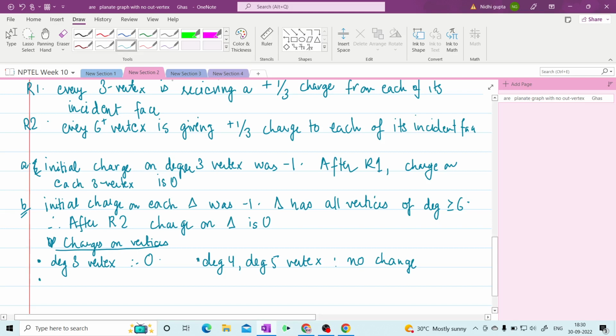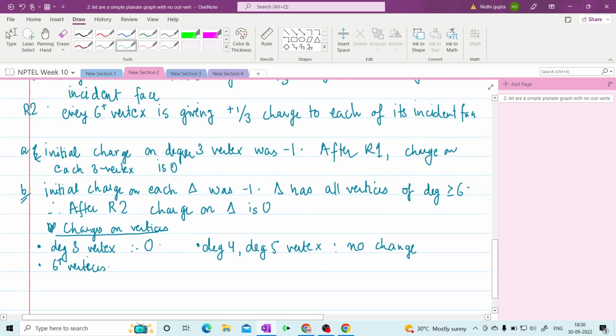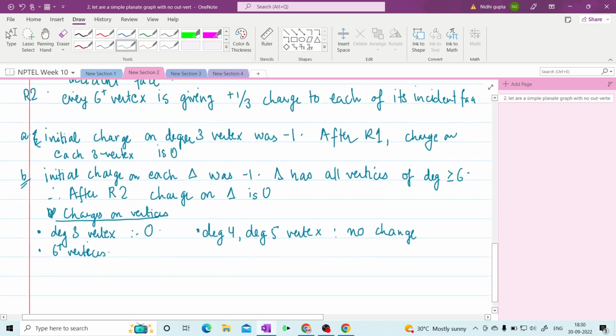And what about 6 plus vertices? Now 6 plus vertices are distributing charge to each of these faces. So earlier charge on 6 plus vertices was dV minus 4, and now it is distributing +1/3 charge to each of its faces. And how many faces do we have? dV faces.